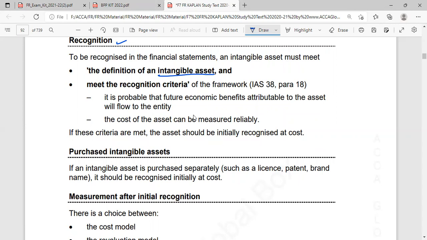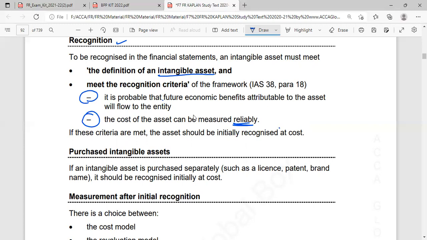It must be able to generate future economic benefits, and the cost of the asset must be measured reliably. If these conditions are satisfied, then we recognize the element as an intangible.